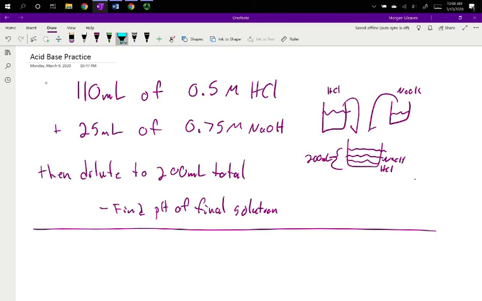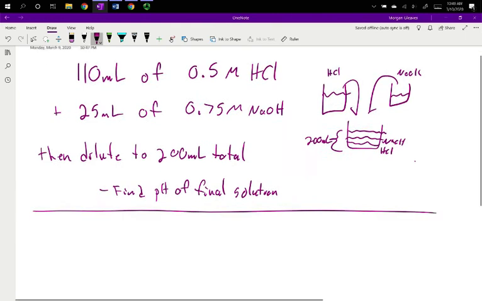I'm going to combine them, and I'm going to add some extra water. So there's 110 plus 25 plus whatever's necessary to bring it up to 200. The idea in this problem is we're not trying to find stoichiometric amounts. Right? We're given specific amounts of each. I have a volume and a molarity for both of them.